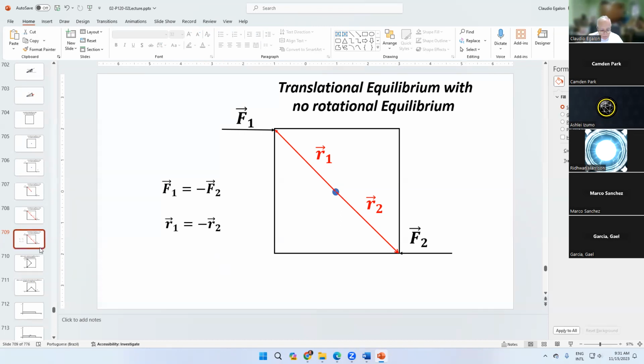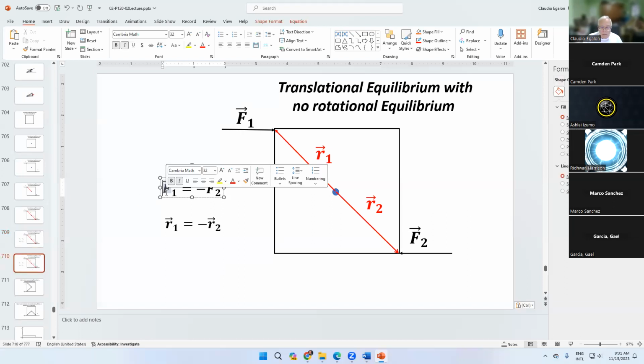Okay, so here we go. In this case, the torque of one is going to be, even though the force has a negative value here, right? There's a negative sign. The torque of one is going to be equal to the torque of two in this specific case.